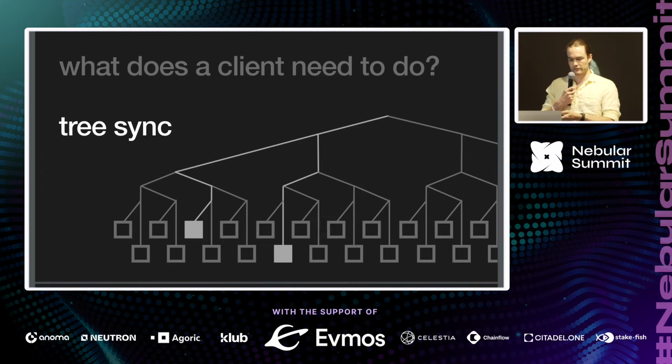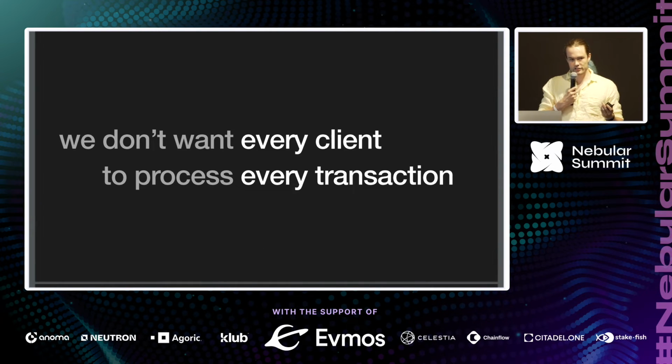So as people have made other transactions, the state of the chain continues to evolve. There are new pieces of state added in. That's going to cause this tree of state commitments to be evolving over time. And in order to prove statements relative to the root of that tree, a client has to keep that in sync.